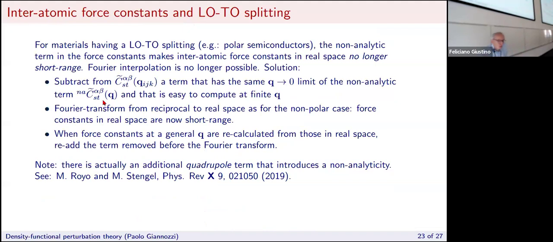Just to mention something that I discovered in this school. There is also another term that may introduce a non-analyticity in the force constant. It's described in this paper written here.